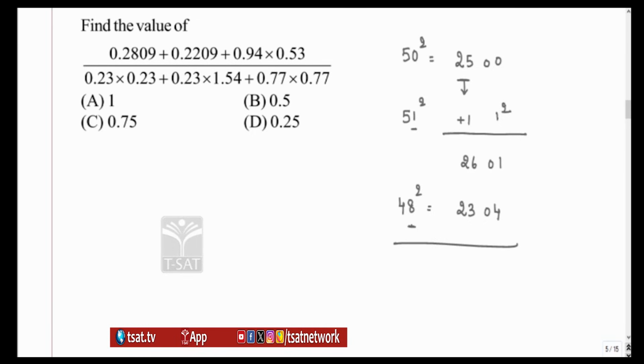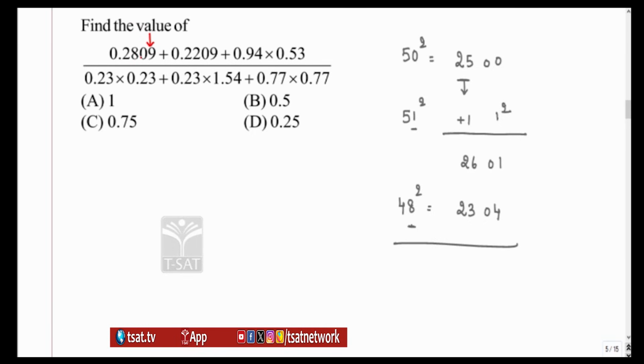Now look at here, 2809, forget about the point for a second. 28, how much more than 25? It is 3 more than 25, and here 3 square. Therefore, I can say it is 53 whole square.